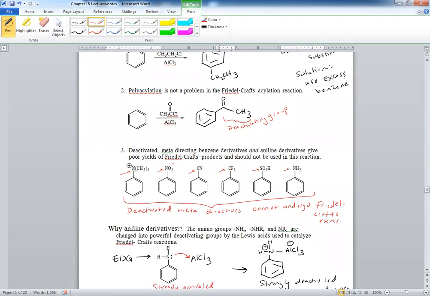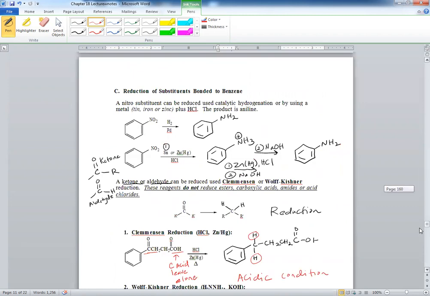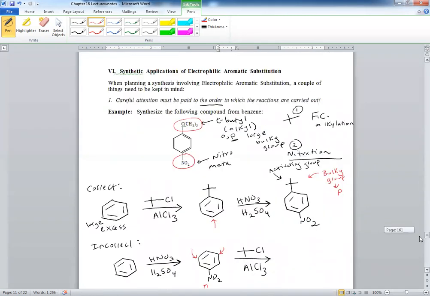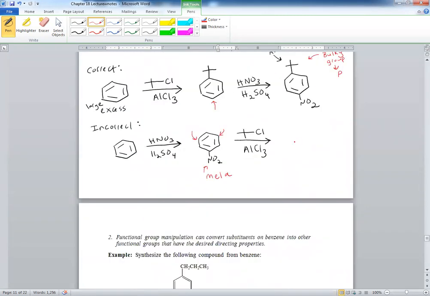So watch here, you see you have the nitro right there, the nitro group. So this is going to give you a very, very poor yield of the Friedel-Crafts alkylation. So in this case, there's going to be no reaction for two reasons.